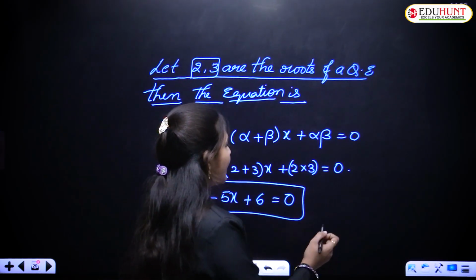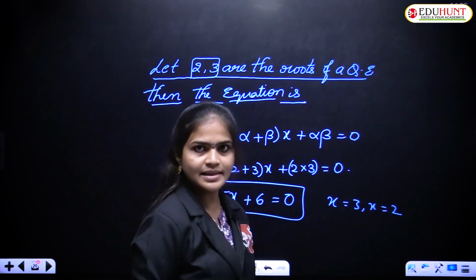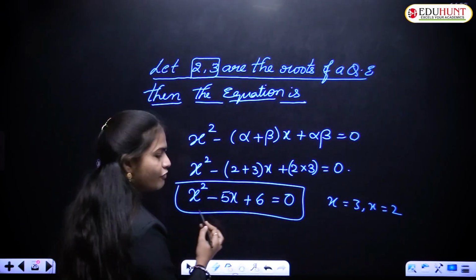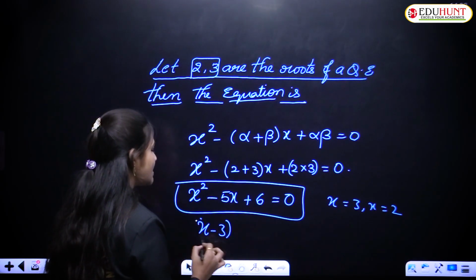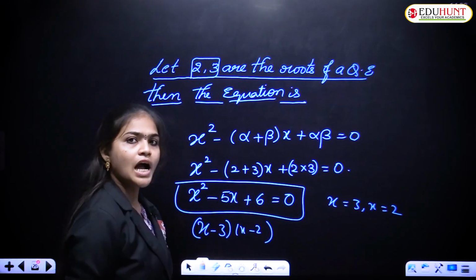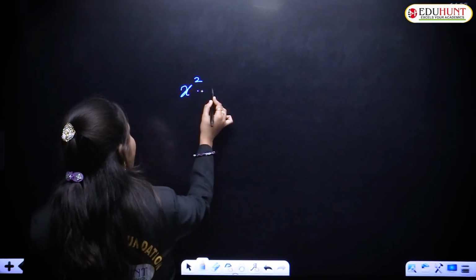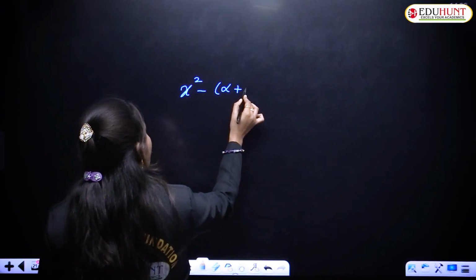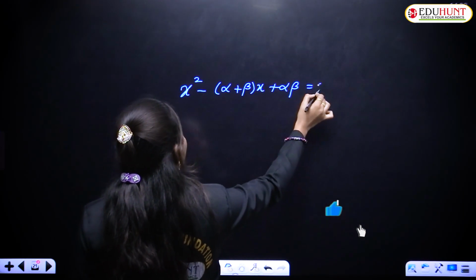Actually we are writing that x is equal to 3, x is equal to 2. So these two are the roots of this given equation. But here we can directly write x minus 3 into x minus 2. How it will be, I will tell you. See here, we are saying that the equation is x square minus (alpha plus beta) into x plus alpha beta is equal to 0.